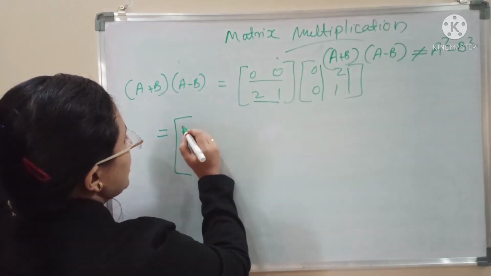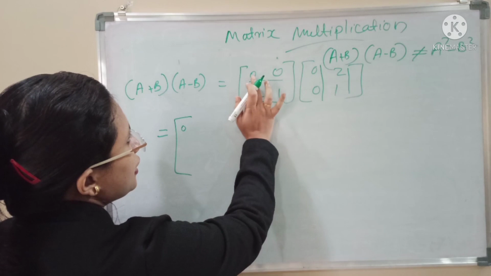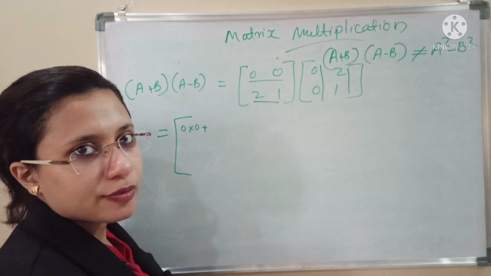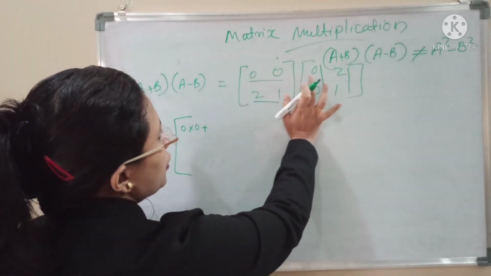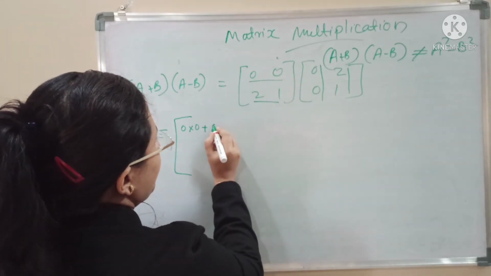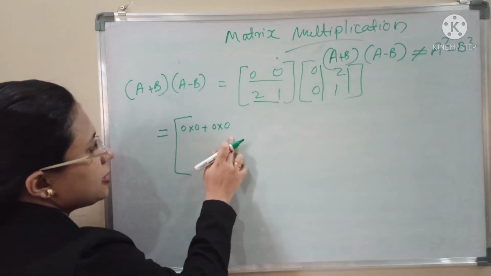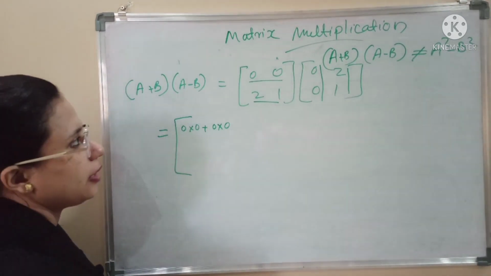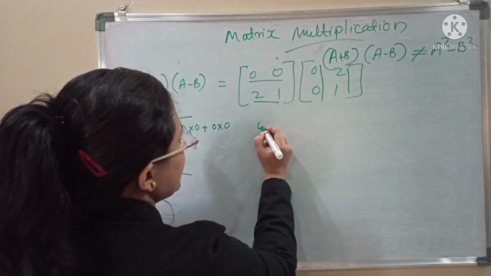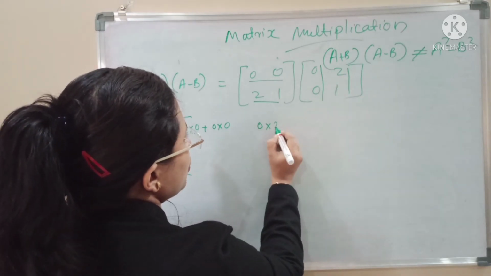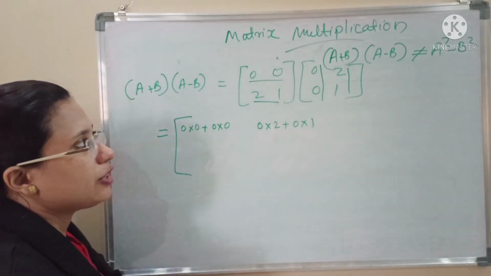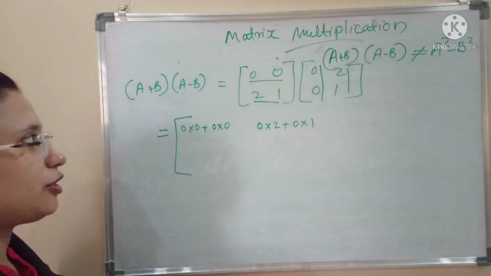First row: 0 into 0 plus 0 into 0. So the first term is over. Now again the same row with the second column: 0 into 2 plus 0 into 1. So we got two elements of the resultant matrix.